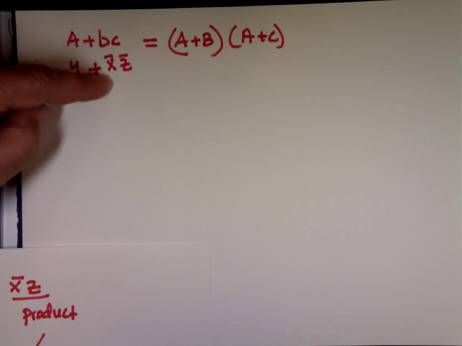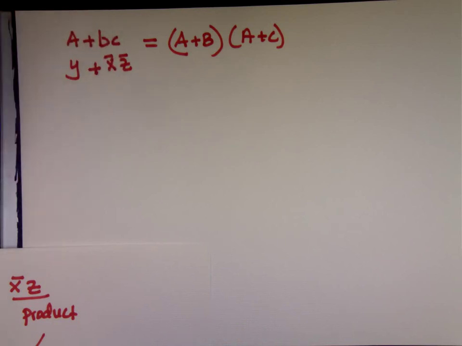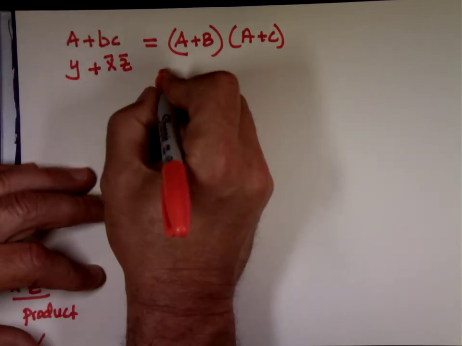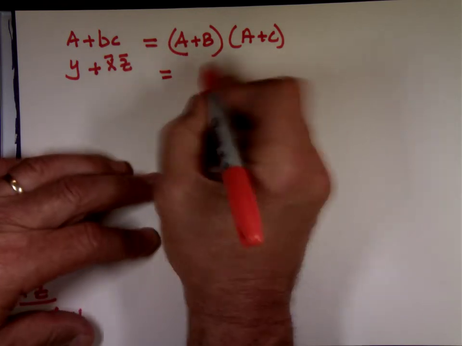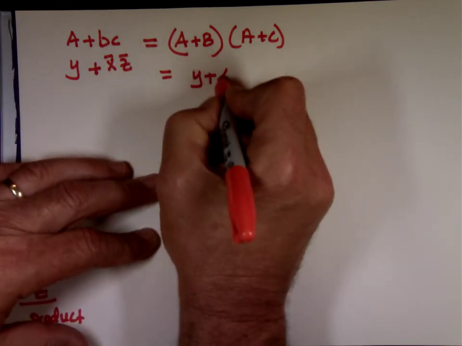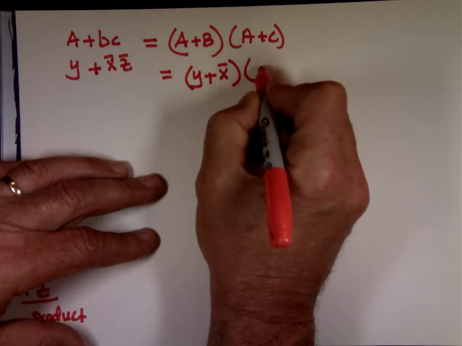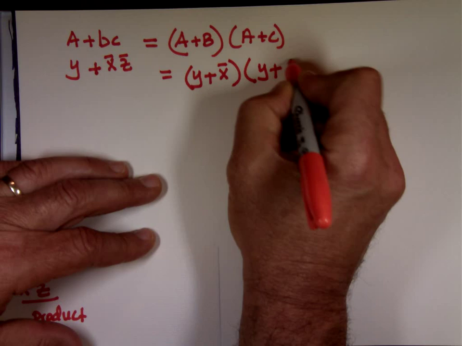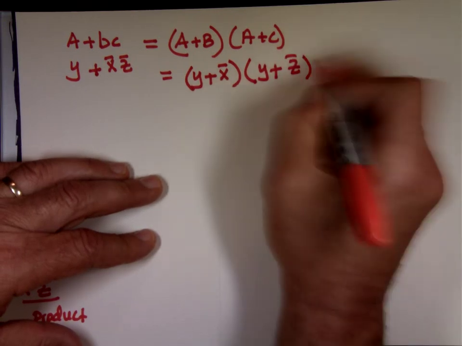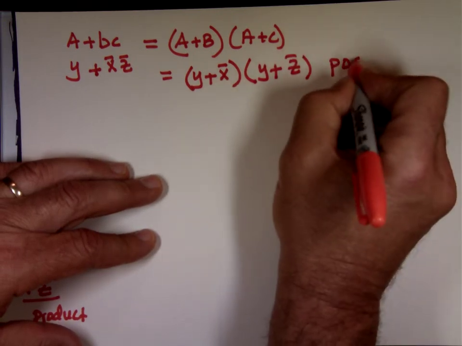X bar, and C is what? Z bar. So I can take that answer and change that to A plus B, Y plus X bar, times what? Y plus Z bar. And what do we have now? Product of sums.